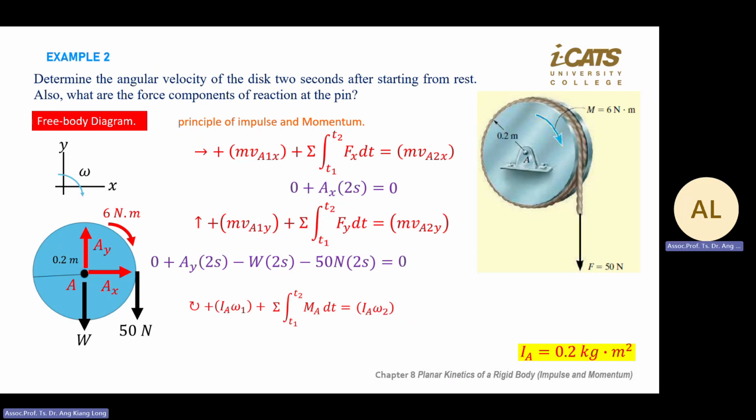Then you fill in the blank here. I, you already calculated just now. Omega you don't know, you need to find. Okay. Omega 1 is 0 because it starts from rest. It does not rotate from the beginning. Then the moment, the mass is given, 6. t is 2 seconds.